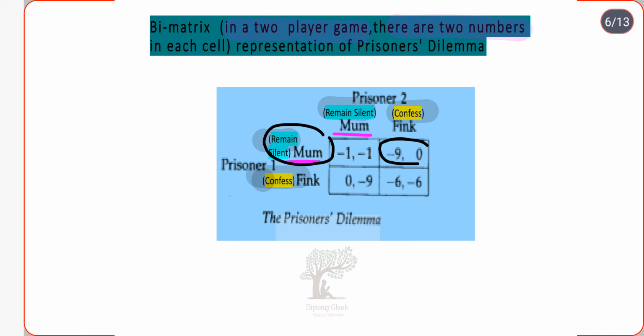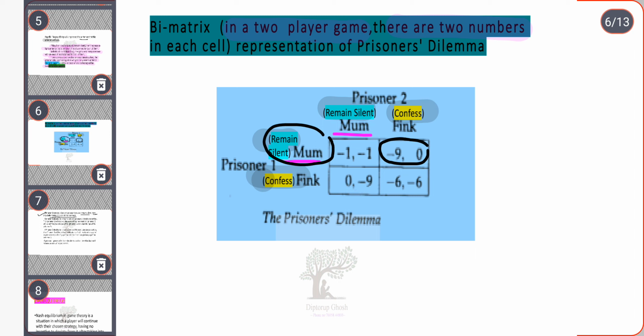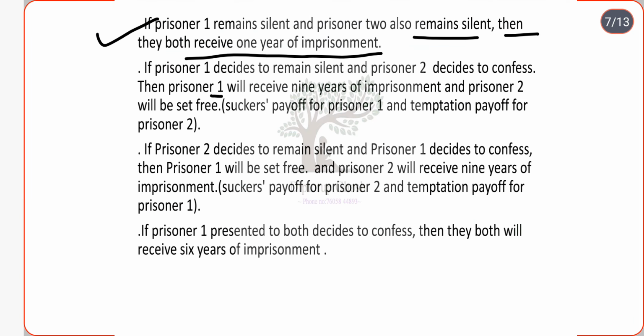So this is our payoff: 9 years of imprisonment for prisoner 1 and 0 years for prisoner 2. Prisoner 1 will receive 9 years of imprisonment and prisoner 2 will be set free.